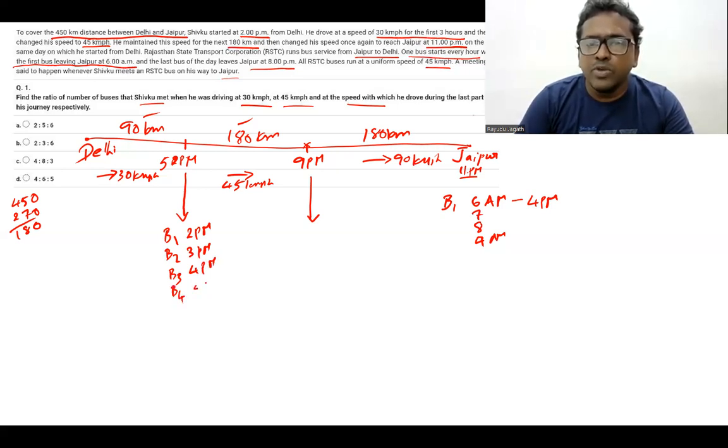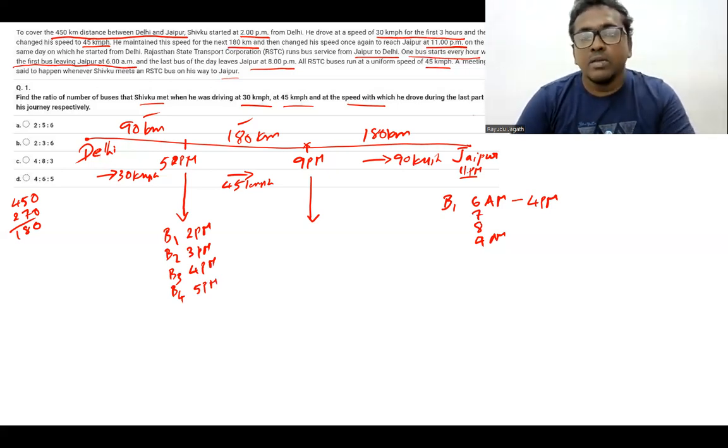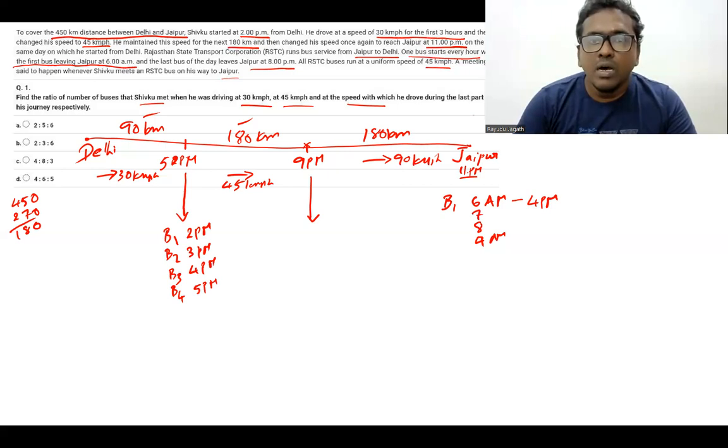So if we observe, by the time Shiva is between Delhi and the 90-kilometer point, bus 1 will be at the 90-kilometer point at 2 p.m., bus 2 at 3 p.m., bus 3 at 4 p.m., and bus 4 at 5 p.m. So Shiva meets bus 4 at exactly this 90-kilometer point.